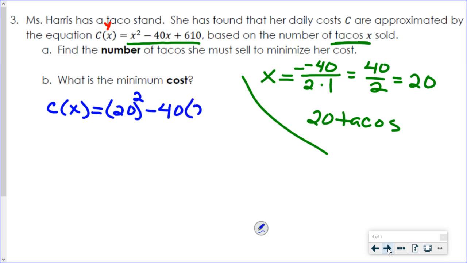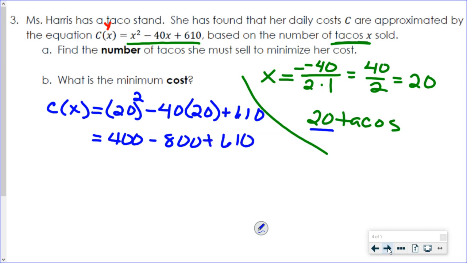I'm just going to put in 20 anywhere I see an x, and then I'm just going to do the math. So this is 20 squared minus 40 times 20, so it's 400 minus 800. Plus 610, or you can just put that all in your calculator and get 210. It's talking cost, so the dollar sign needs to be out front, okay?